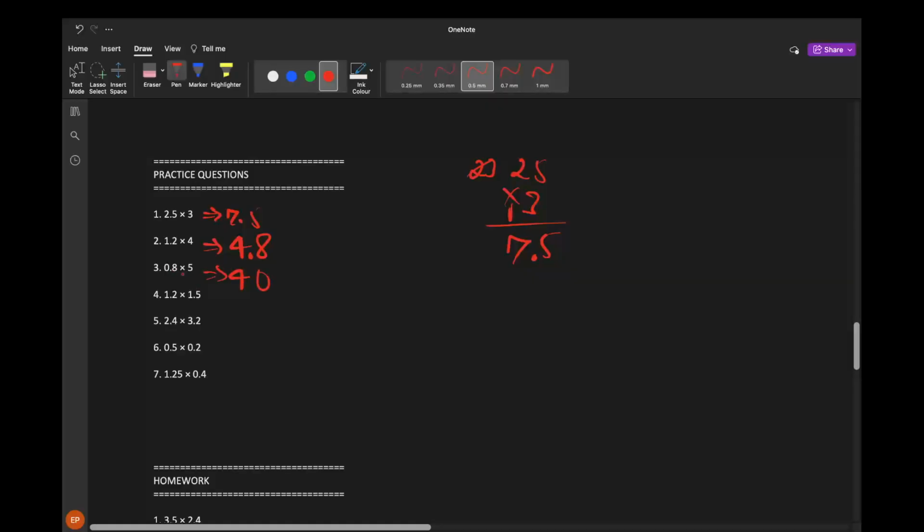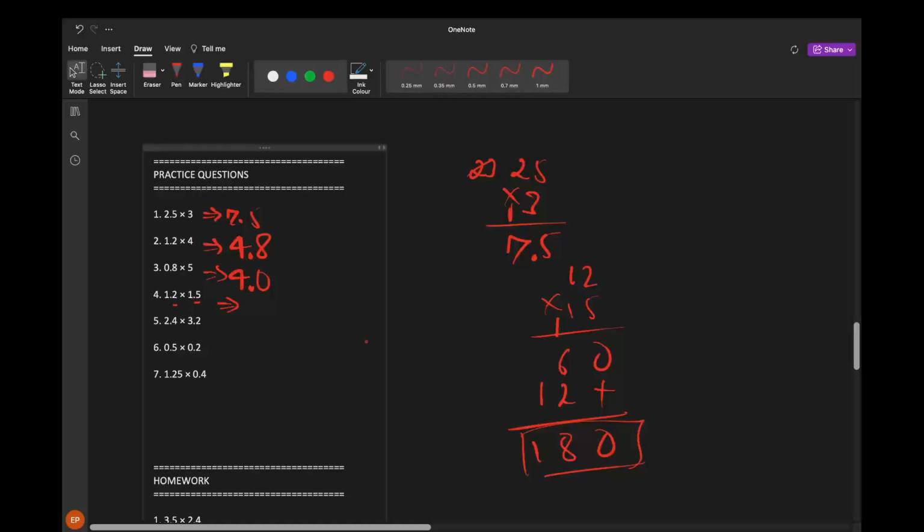After the decimal how much? Only one digit is there, so put it after one digit from the right. 12 into 15, do the calculation. 5 2s are 10, 5 1s are 5, plus 1 carry 6, 0, 1 2s are 2, 1 1s are 1. It will be 180. But after the decimal how many digits are there? 1 2. So from the right side 1 2. The answer will be 1.80.